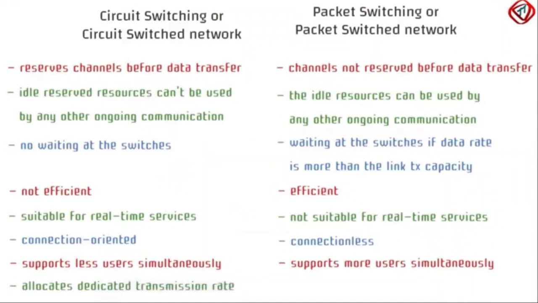Now I am going to revise today's lecture. Today's lecture is regarding packet switching and circuit switching. We learned that packet switching is a network method of communication to deliver data from one place to another in the form of packets. First, packet switching converts the data into packets and sends them from one place to another.